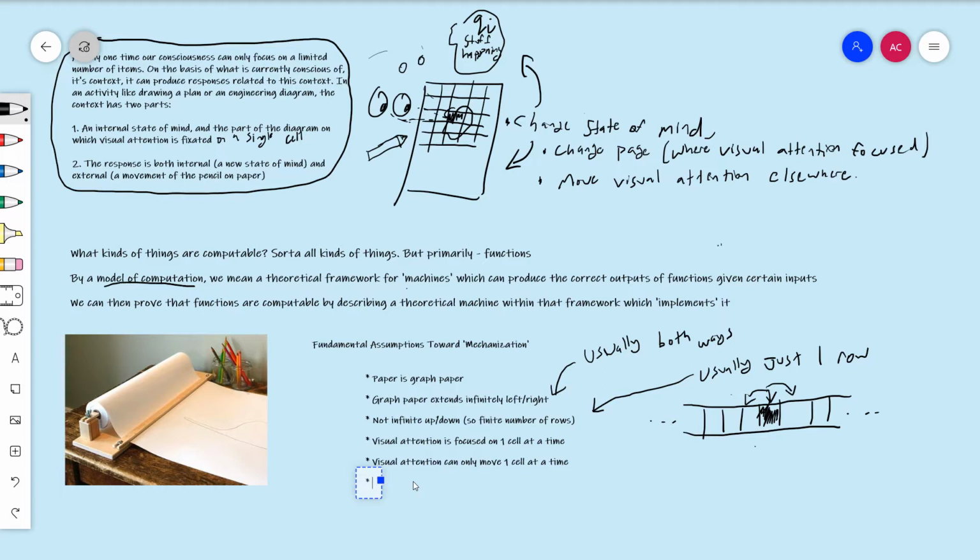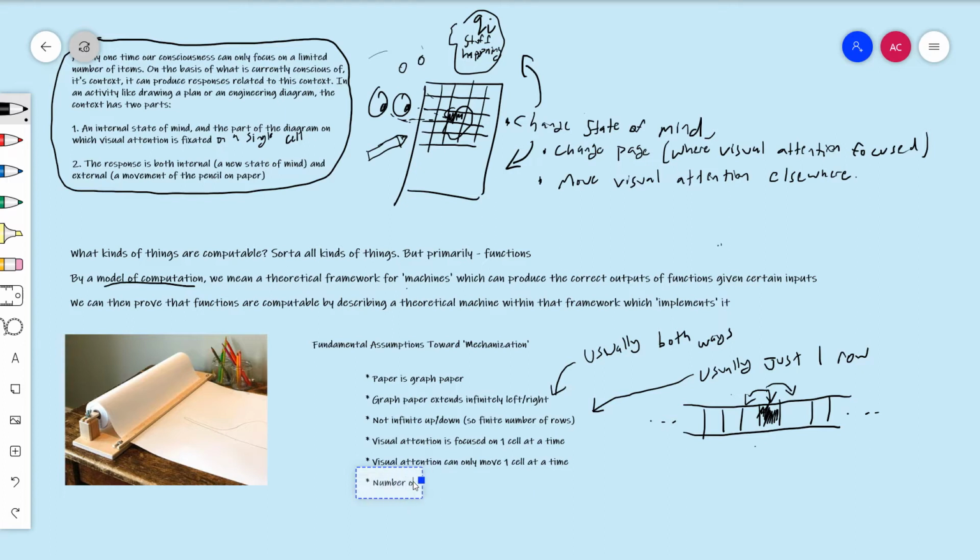What else? Now we need to talk about states of mind, right? So we had the three fundamental components of our model for human thought: mind, pen, and paper. We've talked a little bit about where our eyes are, but states of mind, we're going to assume that they're finite.